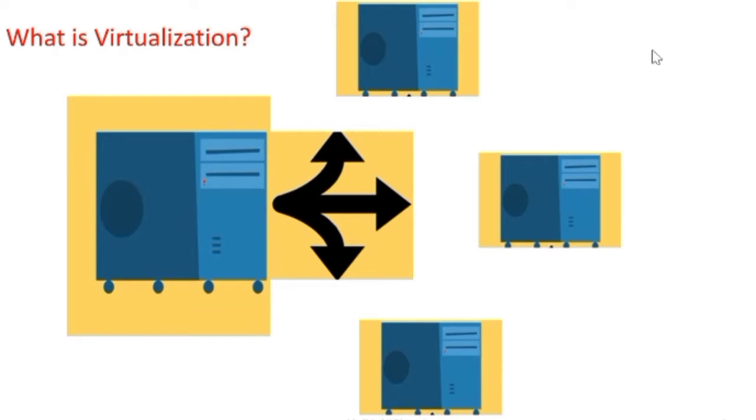Now, why install different virtual machines or guest machines onto the host machine, or what is the use of virtualization? Suppose this is your computer. Each computer, or big computer if we consider a server, has 4 attributes.